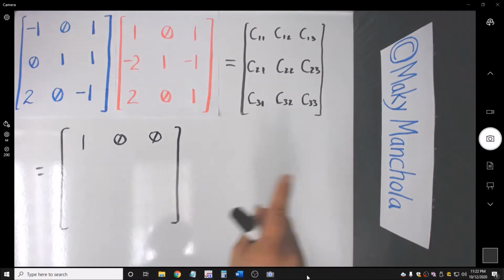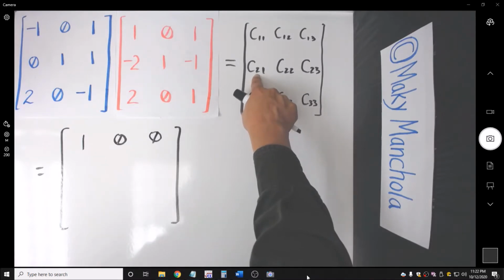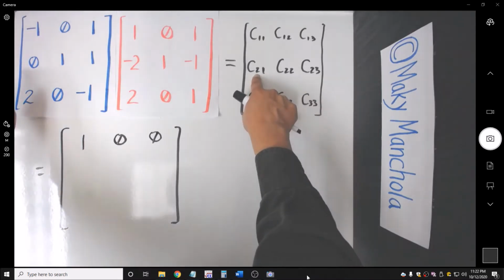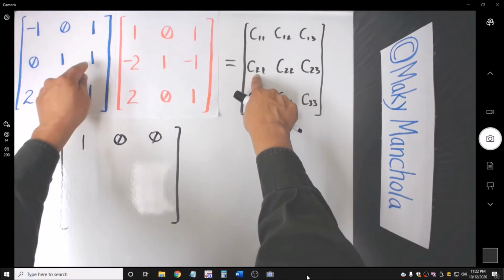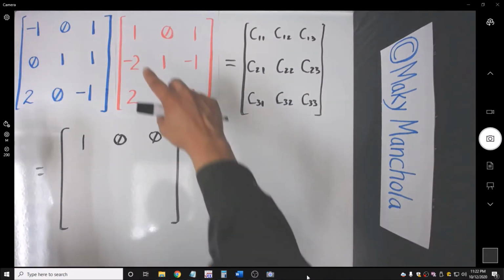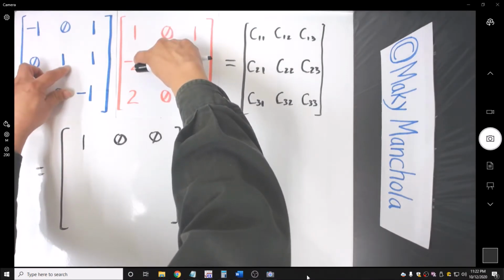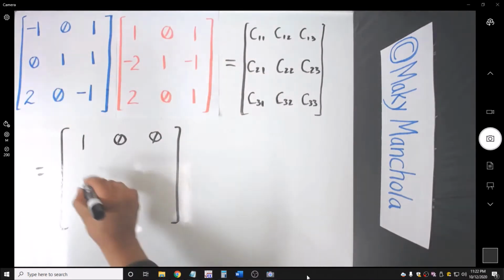Okay, next row of C. So let's begin with C21. C21 is obtained by taking the dot product of the second row of A and the first column of B. So what is that? 0 minus 2 plus 2. The result is 0.